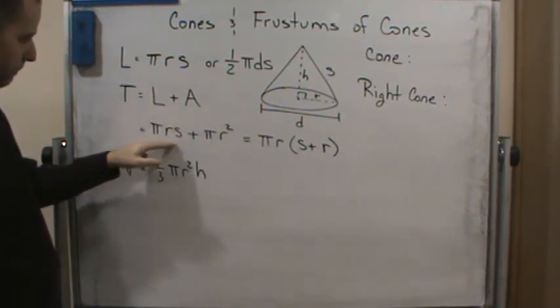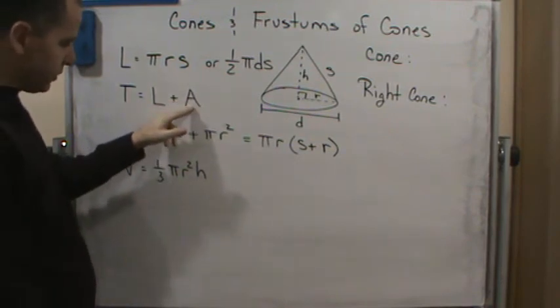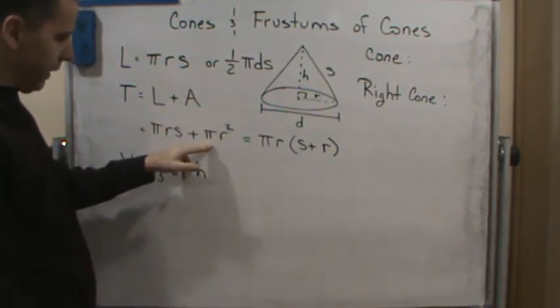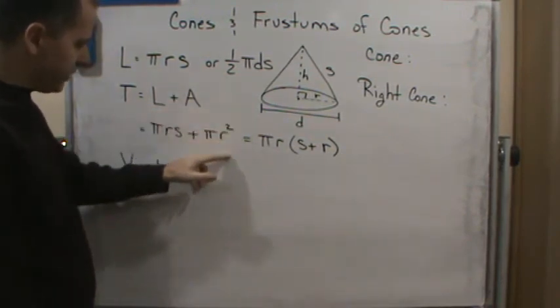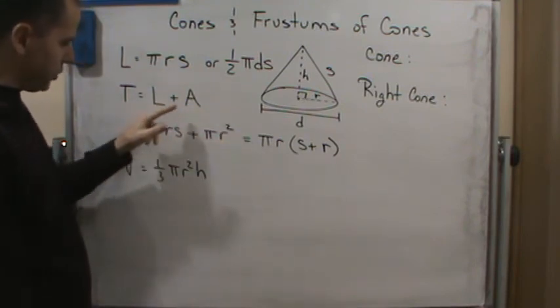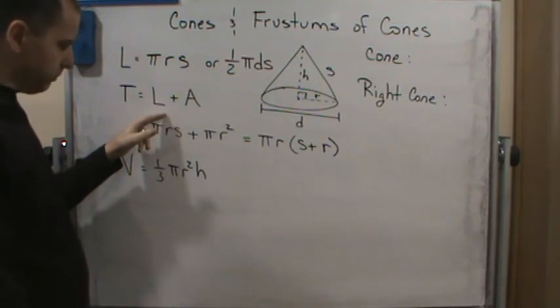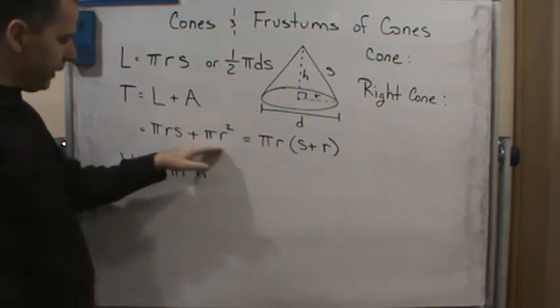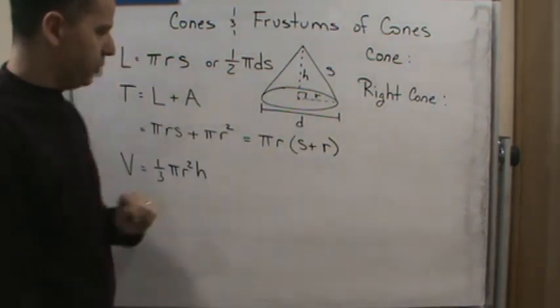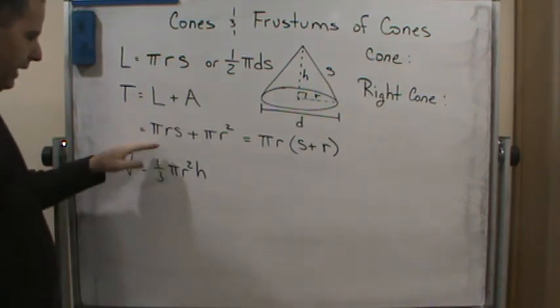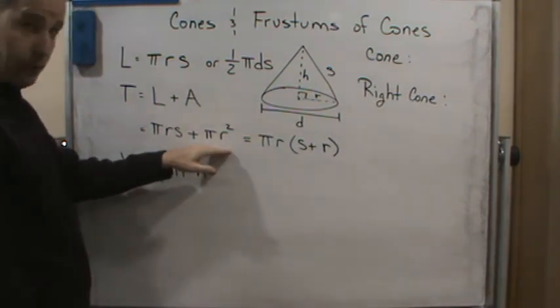In this case, it's pi r s, and since we're dealing with a circular base, plus pi r squared. This is as far as you need to go, as long as you remember the definition of total surface area. You can get to this part here. You don't need to do that, but this would be the one I would focus on.